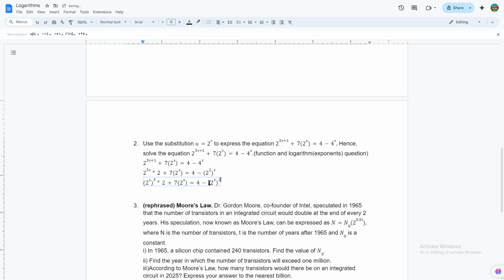You'll see why I do not simplify this to 2 to the power of 2x later.